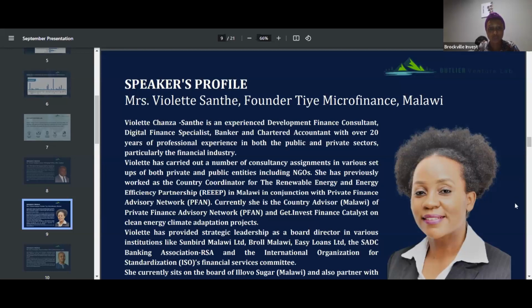She provided strategic leadership as a board director in various institutions like Sunbird Malawi Limited, Grow Malawi, Easy Loans Limited, SADC Banking Association, and the International Organization for Standardization ISO's Financial Service Committee.